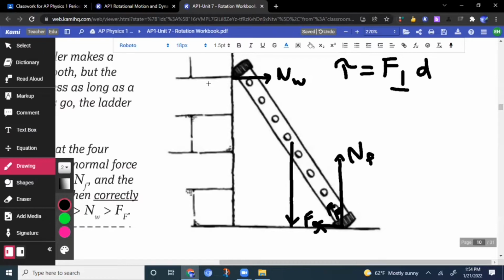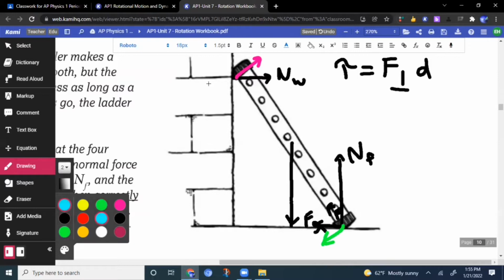Now, do you notice how none of these three forces are perpendicular to that ladder? Here's what we need to do. We need to make a perpendicular force here. This is the perpendicular component of friction. And then you need a perpendicular component of the normal force.